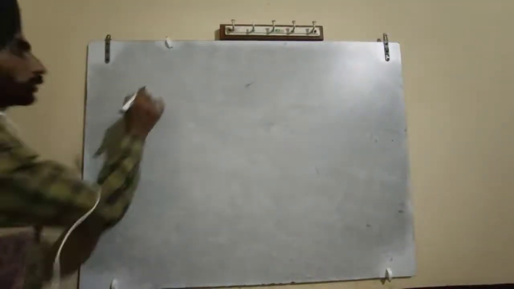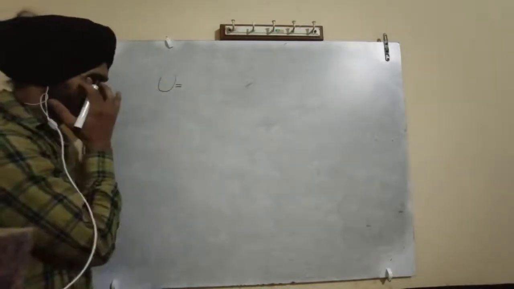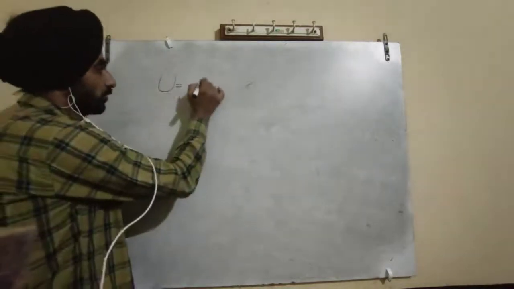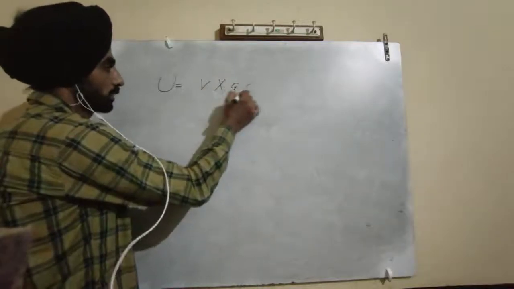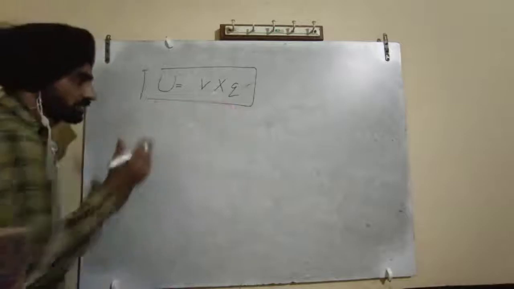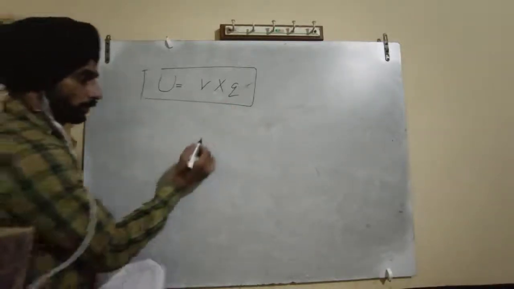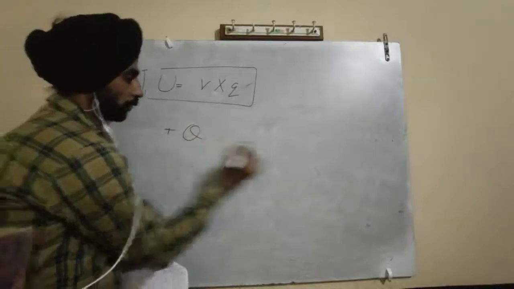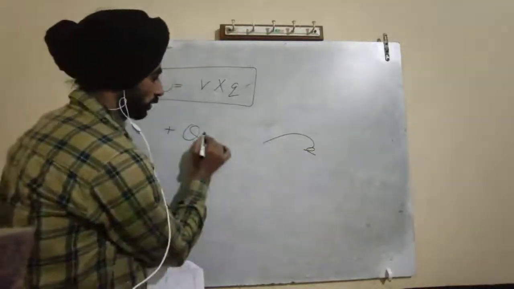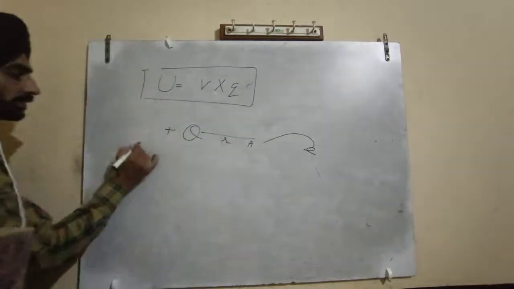So you know the potential energy stored in a charge in an electric field is V into Q. This is the derivation we have done lately. Okay, so suppose an electron is brought, here the test charge is Q and we have brought an electron to a location, suppose at distance R. So what will be the energy stored?